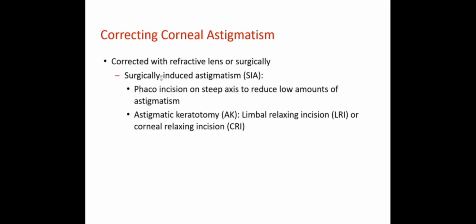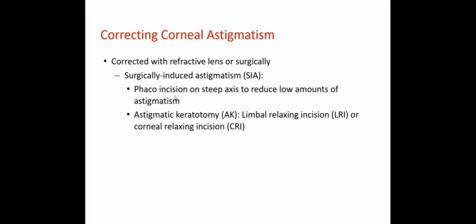The cuts you make can be the actual phaco incision, or some kind of deliberate incisions done on the surface of the cornea. They call these limbal relaxing incisions. Limbal relaxing incisions are not penetrating, so they are on the surface of the cornea. They don't penetrate into the anterior chamber, but they cut up to 90% of the depth of the cornea.